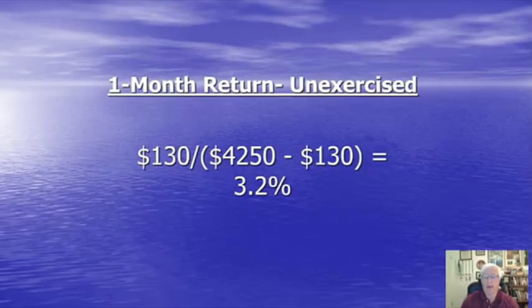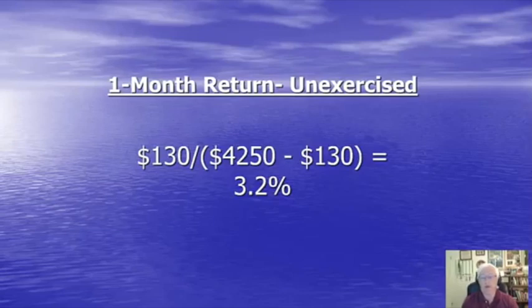Now let's assume for a moment that the price of the stock remains above the 42.50 strike, in which case the option buyer will not exercise. So in that case, the option goes unexercised, and our 1 month return is the $130 generated from the sale of the put, divided by our cost basis, which is 42.50, the amount that we have to have in the account in case the option is exercised, less the put premium.